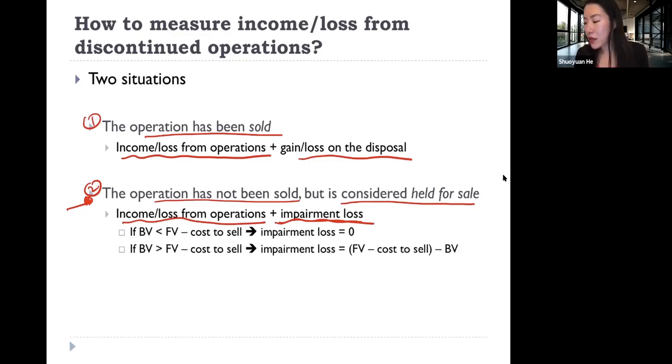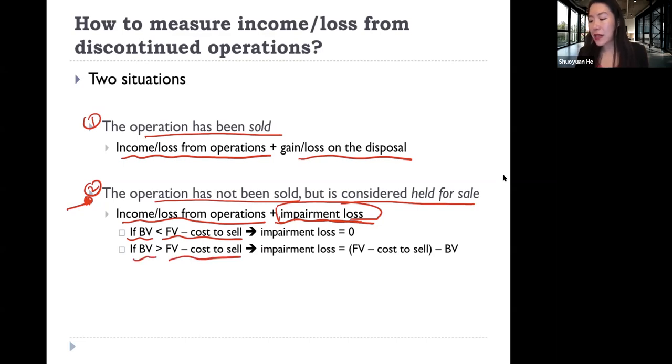So the impairment loss here is basically, if we estimate that in the future, what we can get from disposing this operation is more than the current book value of the operation, then we don't need to do anything here.